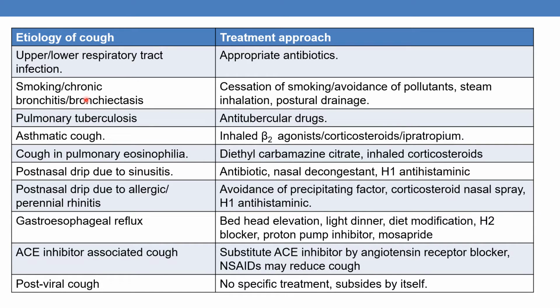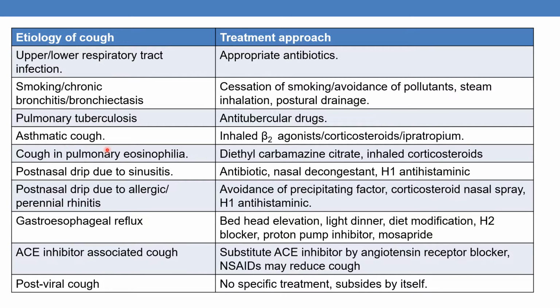If the cough is due to smoking or chronic bronchitis or bronchiectasis, the treatment methodology should be cessation of smoking, avoidance of pollutants, steam inhalation, and postural drainage. If the cough is due to pulmonary tuberculosis, treatment approach should be antitubercular drugs.